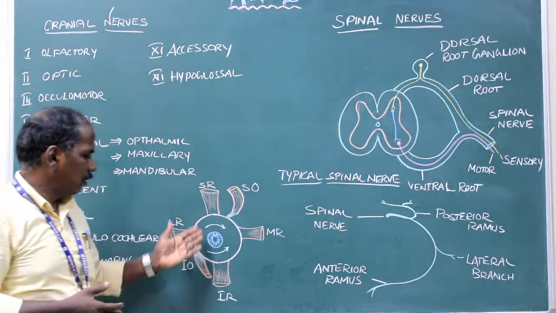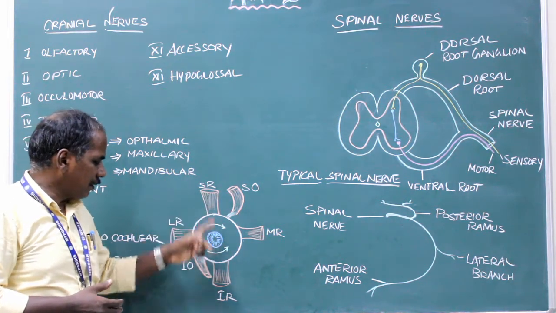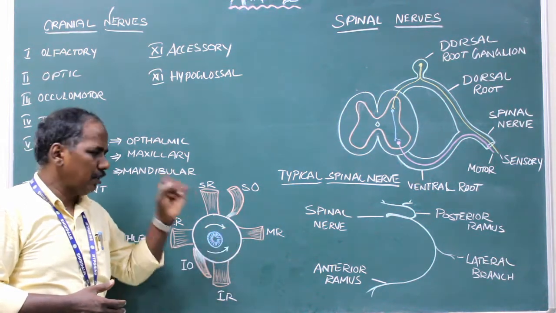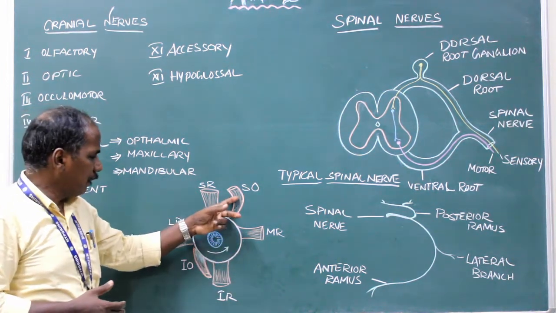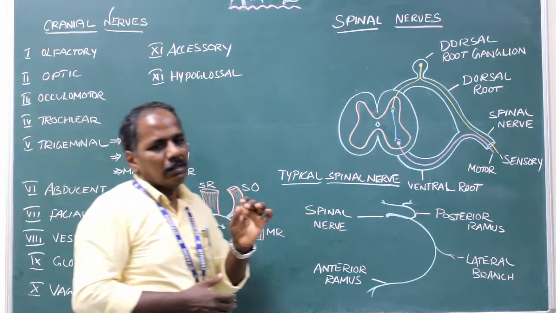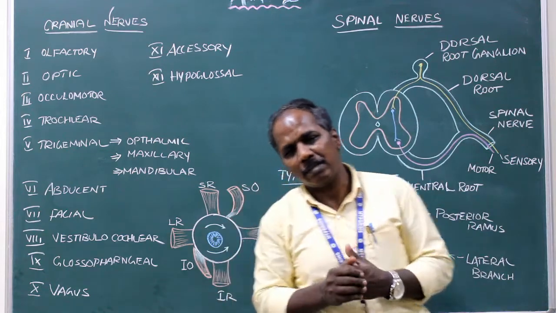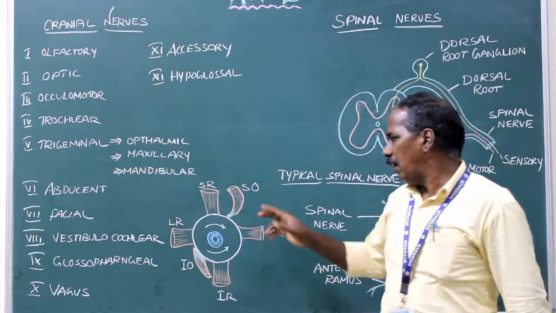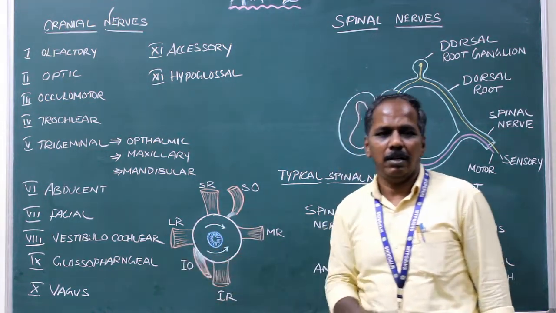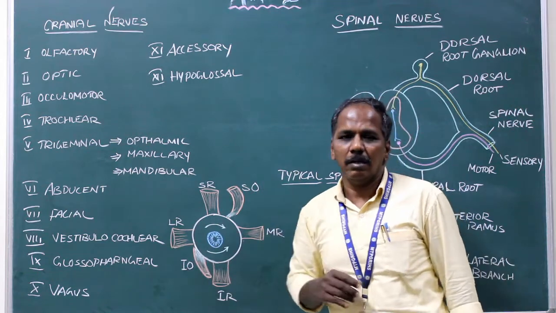There are superior rectus, inferior rectus, lateral rectus and medial rectus, and two oblique muscles, superior oblique muscle and inferior oblique muscle. So the muscles of the eyeball include 4 recti and 2 oblique muscles. Except the superior oblique muscle and the lateral rectus muscle, all the muscles are supplied by oculomotor nerve.